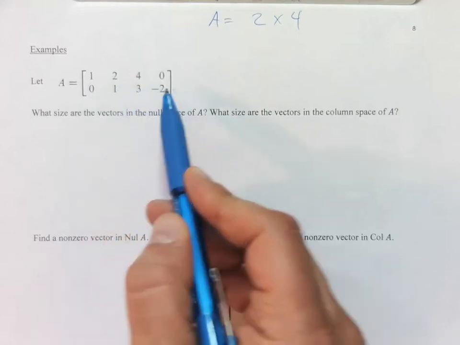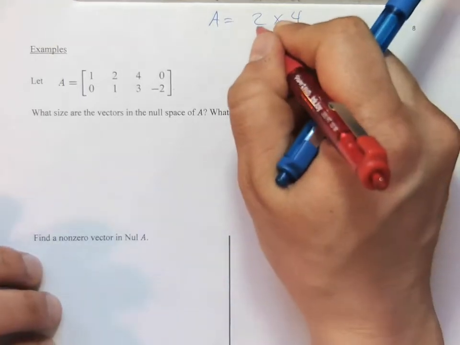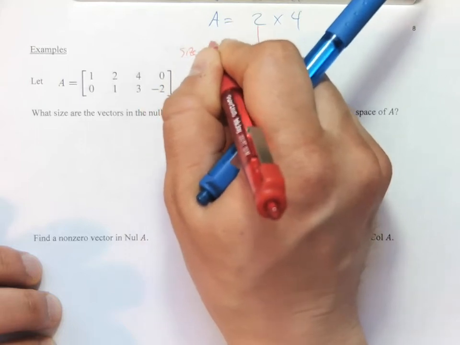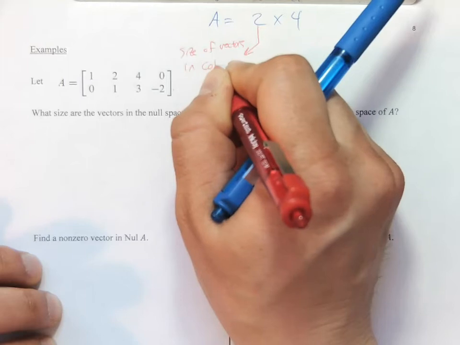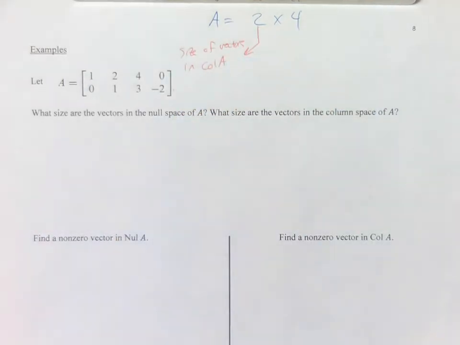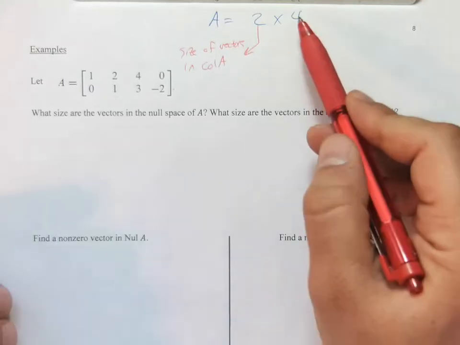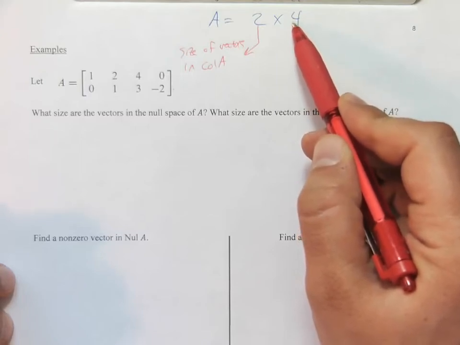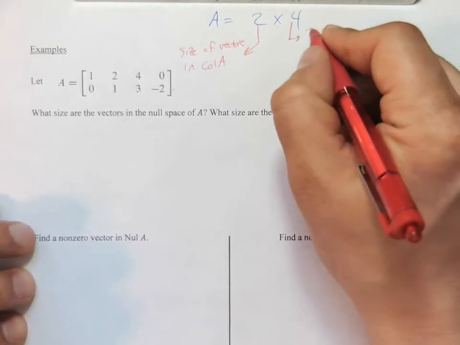That means the 2 here is going to tell us the size of vectors in the column space, because it tells you how big the columns are. And then the 4 is how big things are that you multiply by A. The null space consists of things you multiply by A, and so the 4 tells you how big things are in the null space.